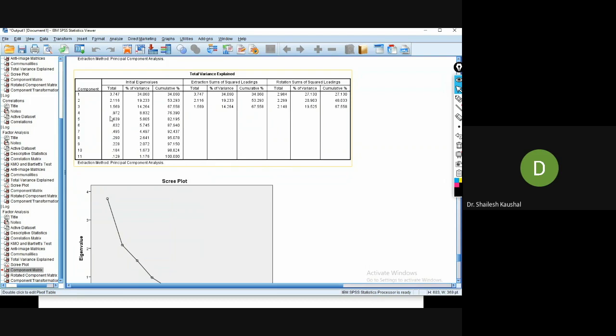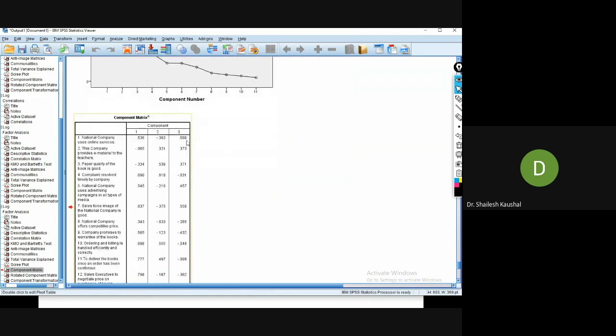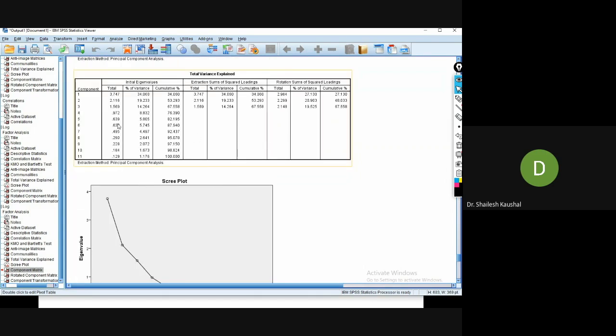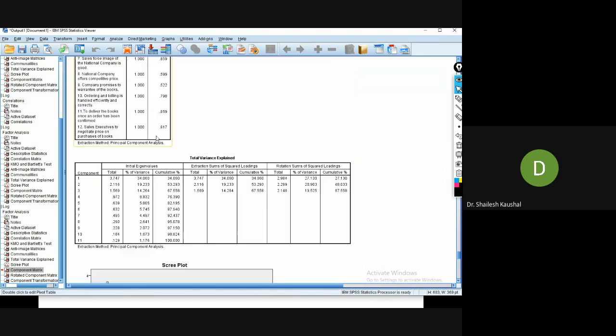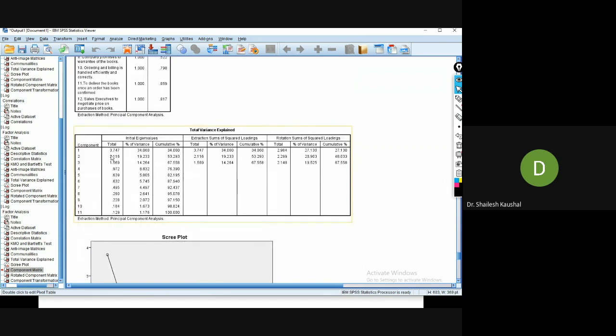The fourth component value is 0.972. So here in this table, there is no column for the fourth component, because I have given the command that I need only greater than 1. It's less than 1, 0.972. That is why I cannot see the fourth component. Okay. So this is about the eigenvalue point.